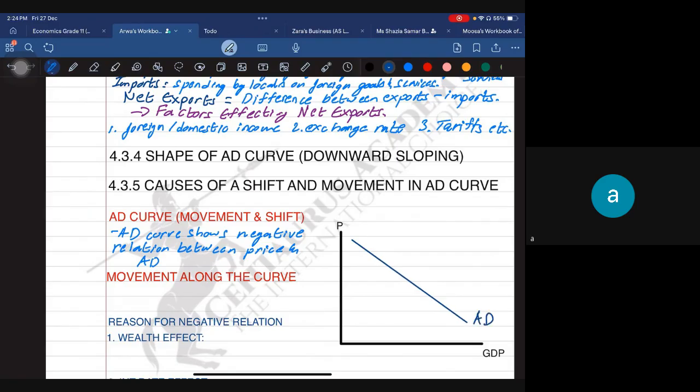This is the aggregate demand, and let's say this was the first point A with the price P1 and quantity Q1.